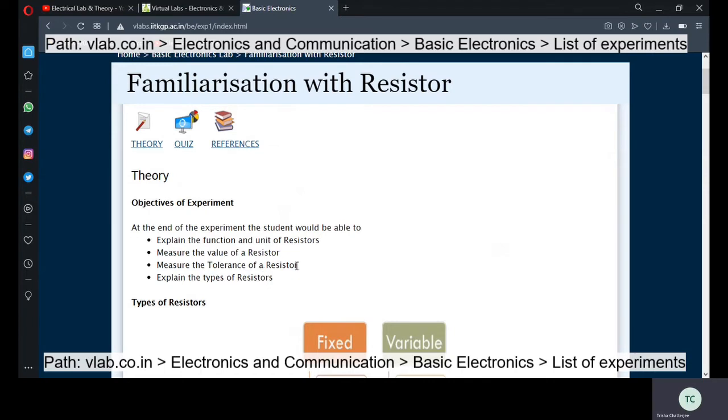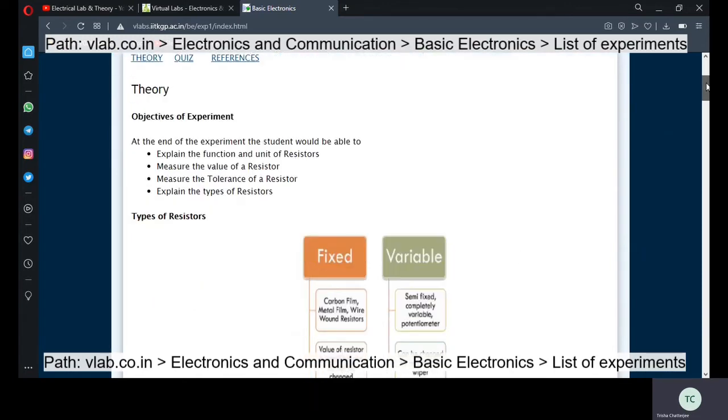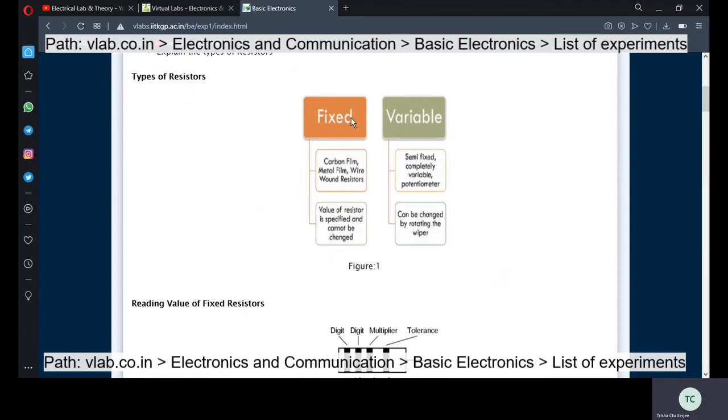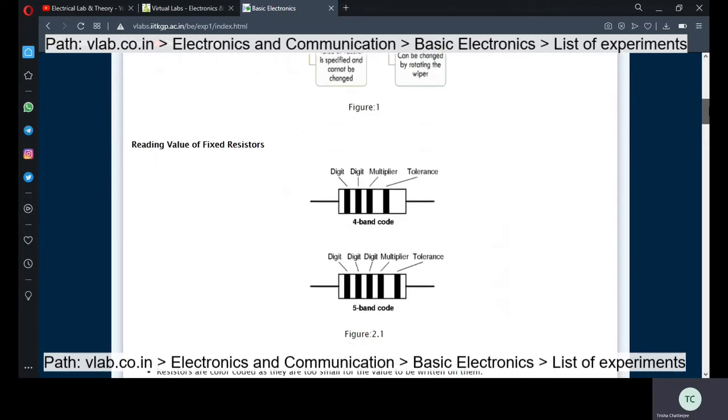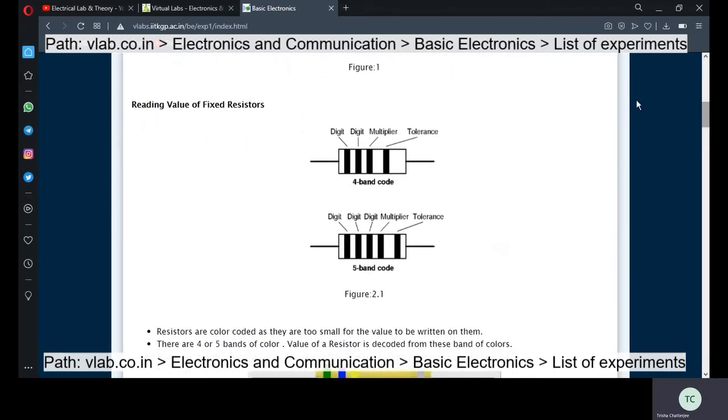Measure the tolerance of resistor. We will broadly discuss what a tolerance is, and then explain the types of resistor. The types of resistor I have already explained to you: fixed resistor and variable resistor. The value of fixed resistors is specified and cannot be changed, and a variable resistor can be changed by rotating the wiper. Okay. So reading the fixed value.